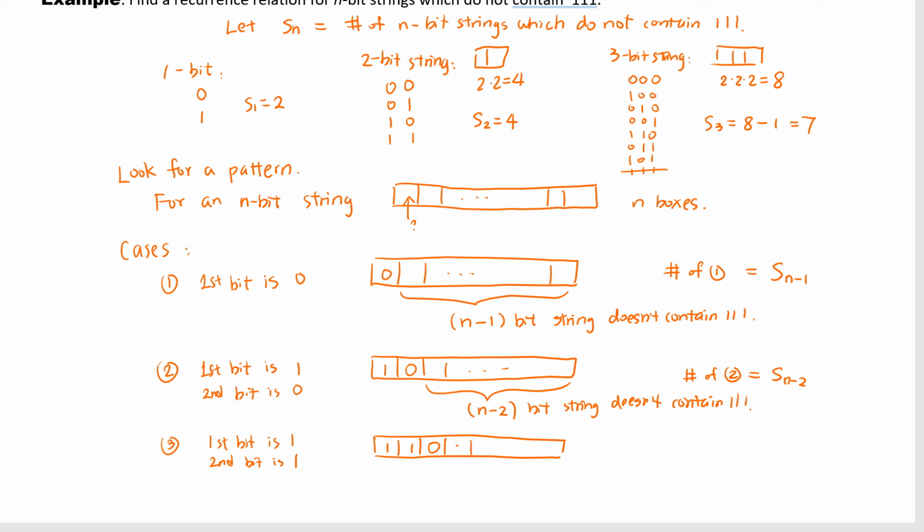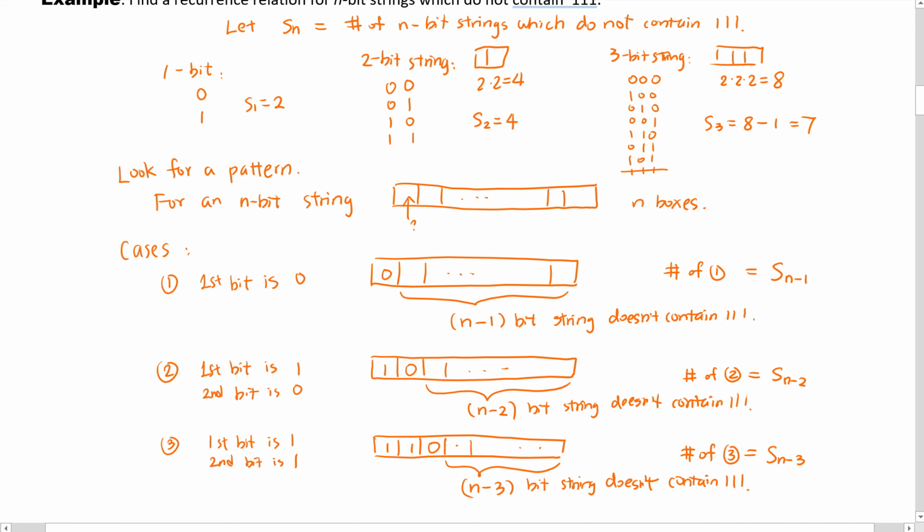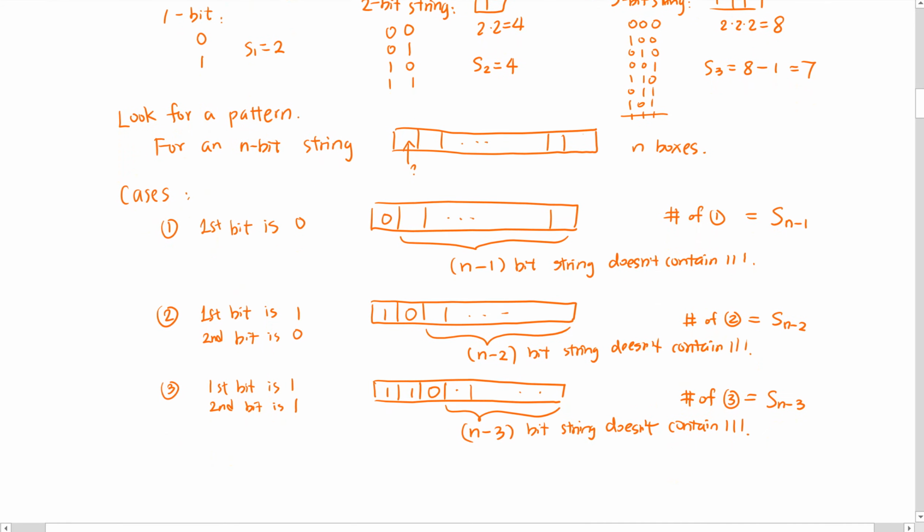Then how many are left? Then here we have an n minus 3 bit string that doesn't contain 111. So the number of strings in this case equals S sub n minus 3. So far so good, everybody?